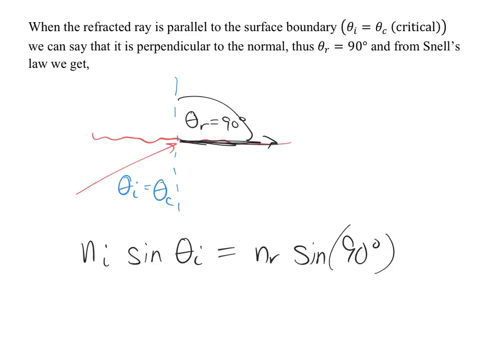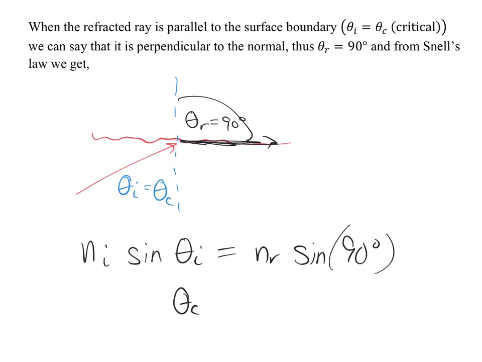When the refracted angle becomes so great that it's 90 and the light ray moves along the surface, the incident angle becomes what we call critical at that moment. Incident and critical are the same thing. Critical just means the incident angle has become large enough for this to occur. So we replace the formula with theta c instead.